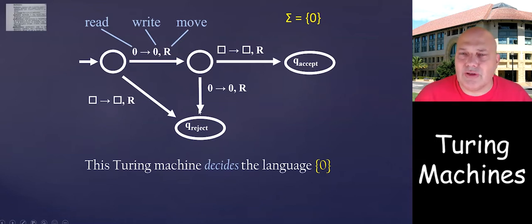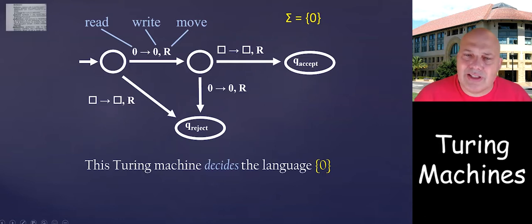And if you see another 0, and we assumed here that the alphabet is only zeros, you move into reject. And if you see no 0 at the beginning, so you immediately see an empty cell, you also go to reject. But specifically on the string that contains a single 0, you are accepting. And on all other strings, you're going to explicitly reject.